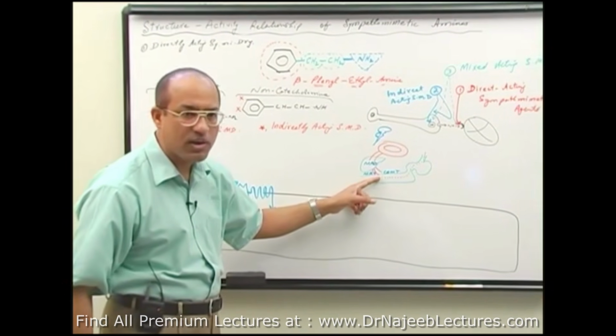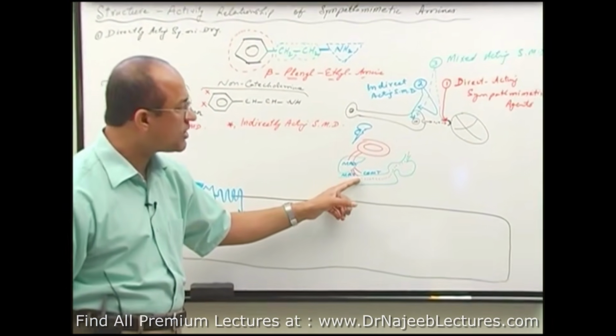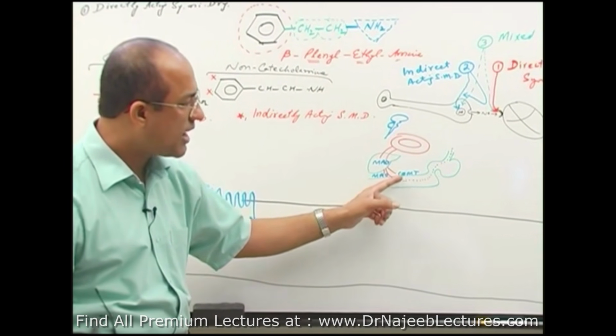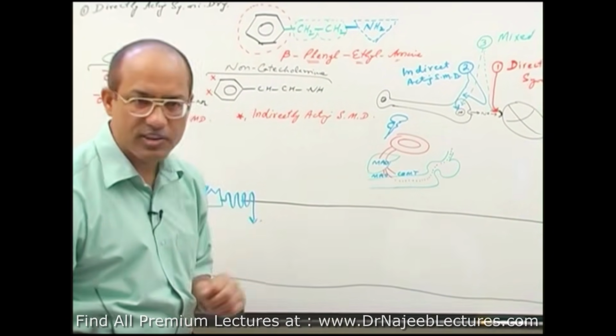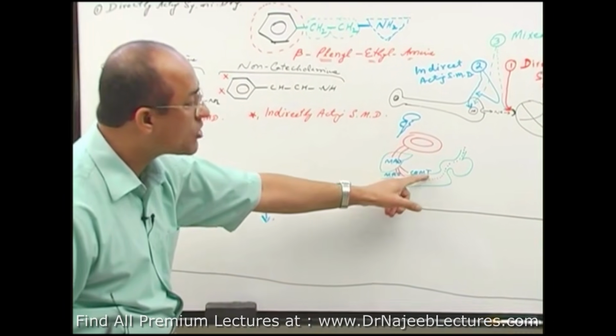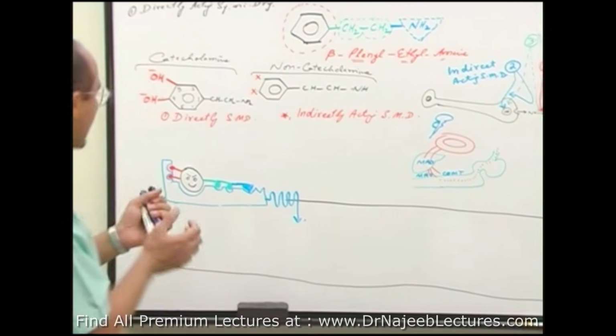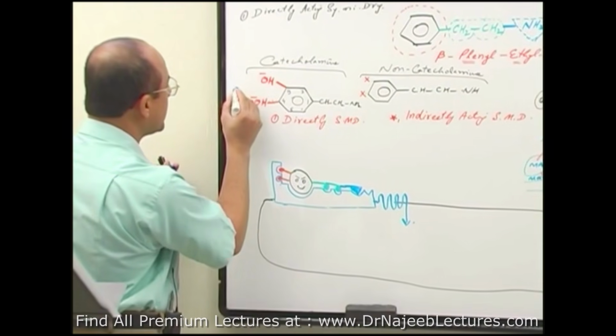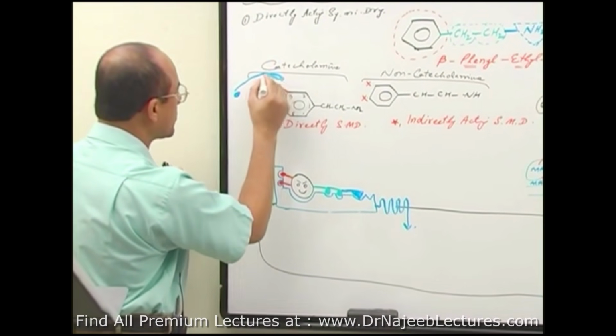Now listen, if you take catecholamines orally, number one, they are highly polar compounds, they will not be absorbed. Number two, whatever is absorbed will be destroyed by monoamine oxidases and catechol O methyl transferases, especially the catechol O methyl transferase enzyme. You know where it attacks? This enzyme, COMT, will attack this hydroxyl.